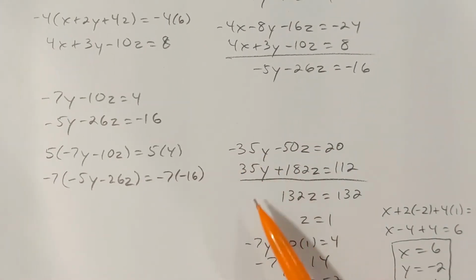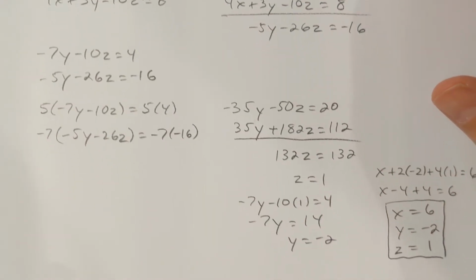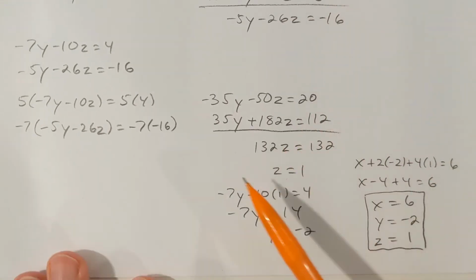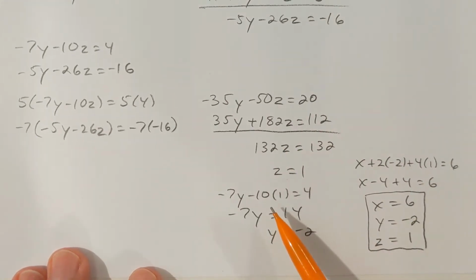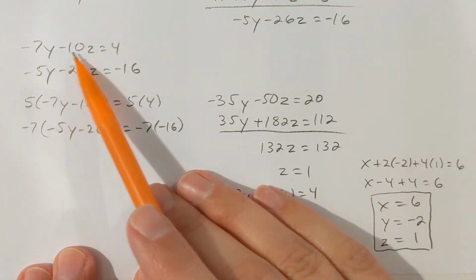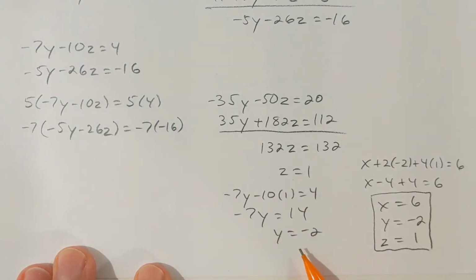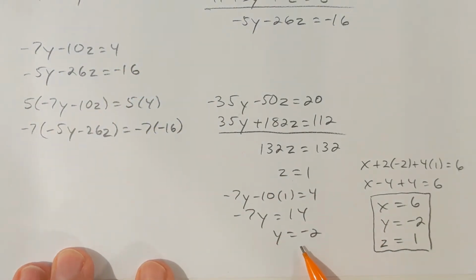-35y plus 35y is 0, so y is eliminated, and we end up getting 132z equals 132, so z is 1. Knowing that z is 1, we can backtrack. If z is 1, then I can add 10 and divide by -7, and so y would be -2.